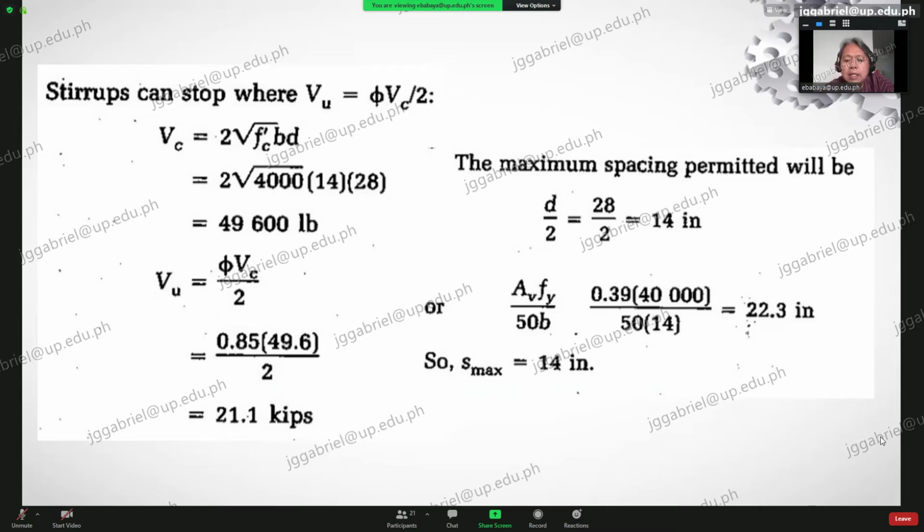Eventually, you should get inches. AV is square inches. So, magka-cancel yan dito. Okay, now, getting the smaller of the two, that's 14 inches. So, maximum spacing is 14 inches.